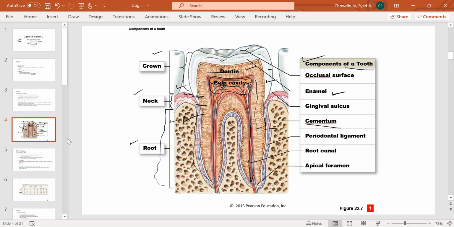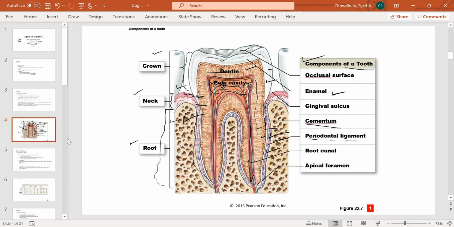And around the cementum, the root part of your tooth has a ligament that is called the periodontal ligament. So this is the periodontal ligament. And this ligament attaches the tooth to the bone, so the tooth will not easily come off.